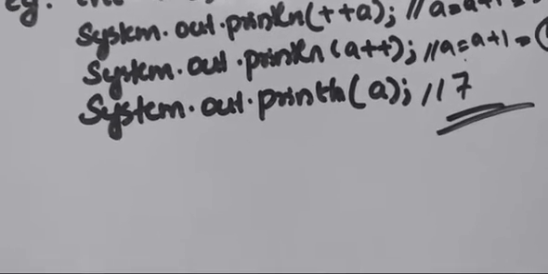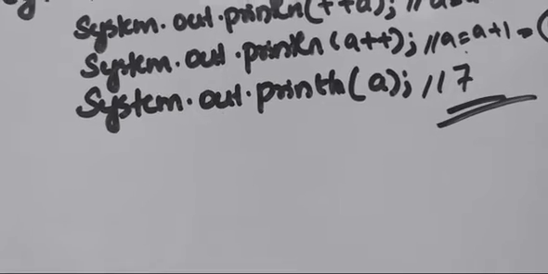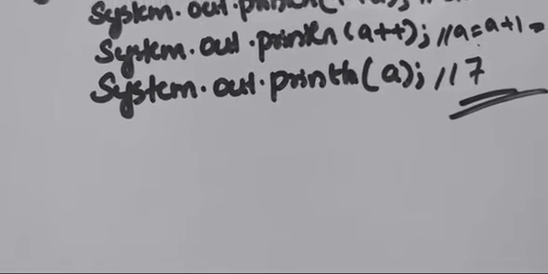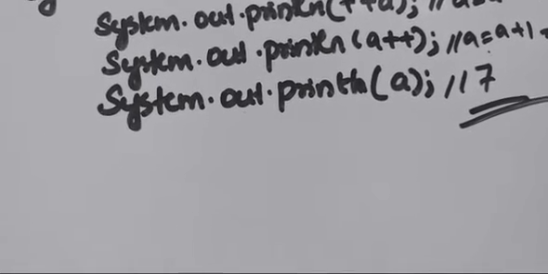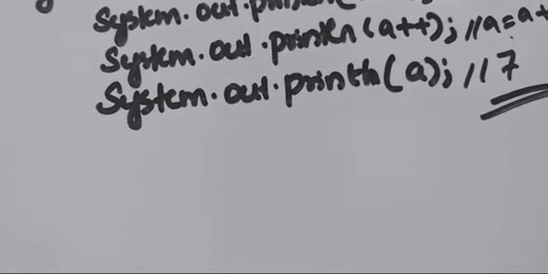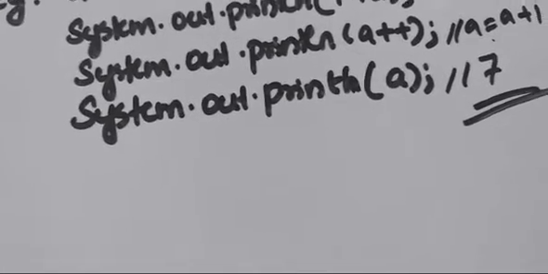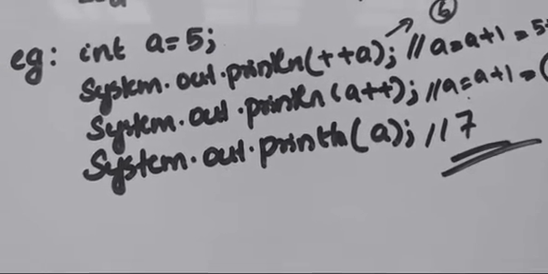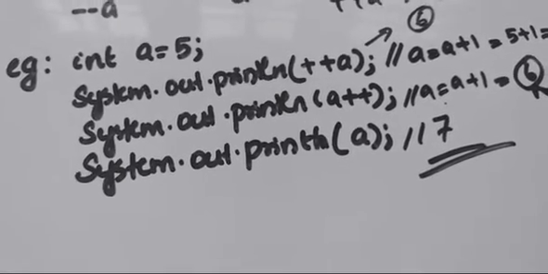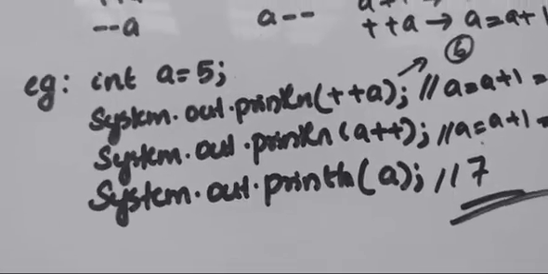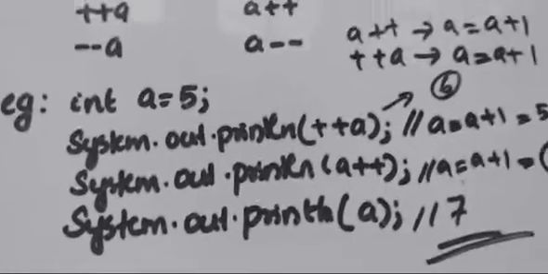So we are not using the incremented value in that particular equation. Keep that in mind. That updated value will be taken by any other variable used in a similar equation. So this is about the increment operator. Let's see the same thing in the case of decrement.